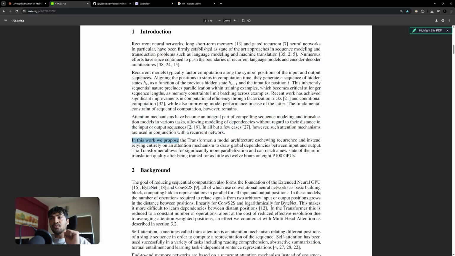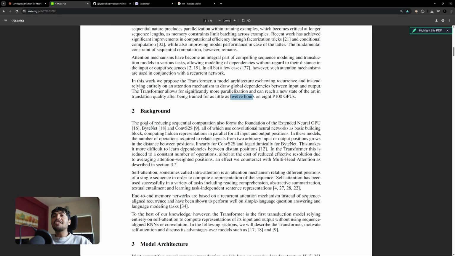So in this work, they have proposed the Transformer, a model architecture which, without recurrent neural networks or relying on convolutional neural networks or any other architecture, solely relies on attention. And they also talk about how they have used P100s and trained for 12 hours. And that was the introduction. That's it. Yes, sounds surprising, but that's about it. Now let's go to background.